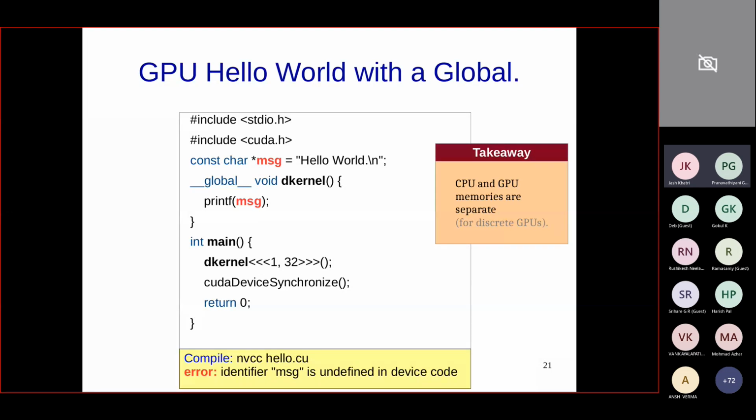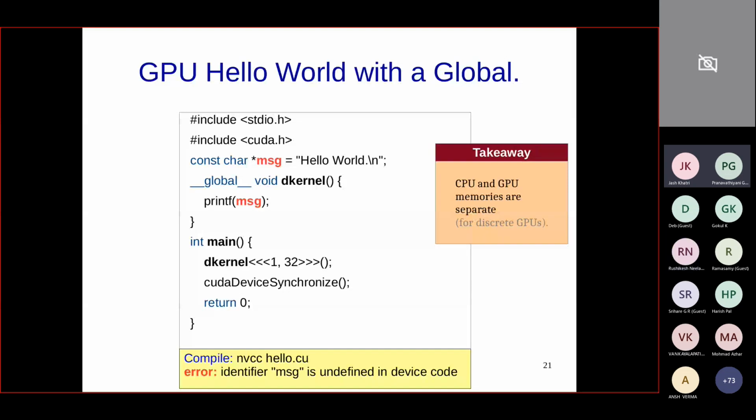But most of the high-end GPUs like NVIDIA GPUs are discrete GPUs, which are not integrated with the CPUs, and for them, this program will definitely give the error message, and can also cause the program to crash. So this was the point that I wanted to make from this slide.